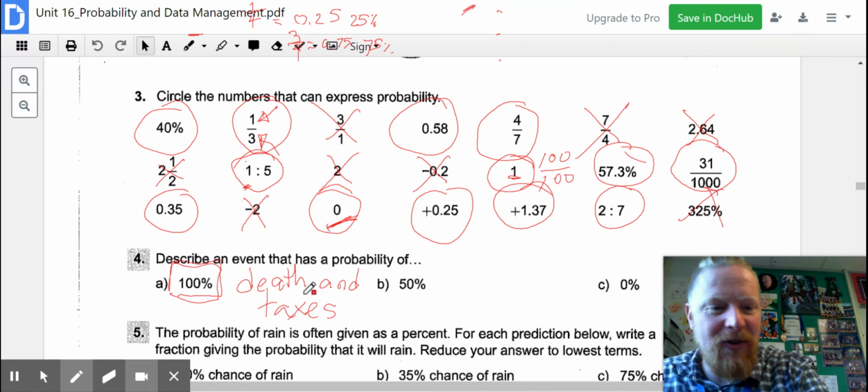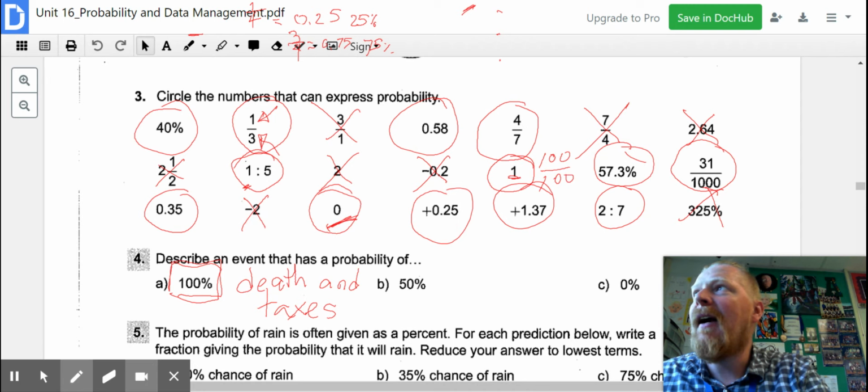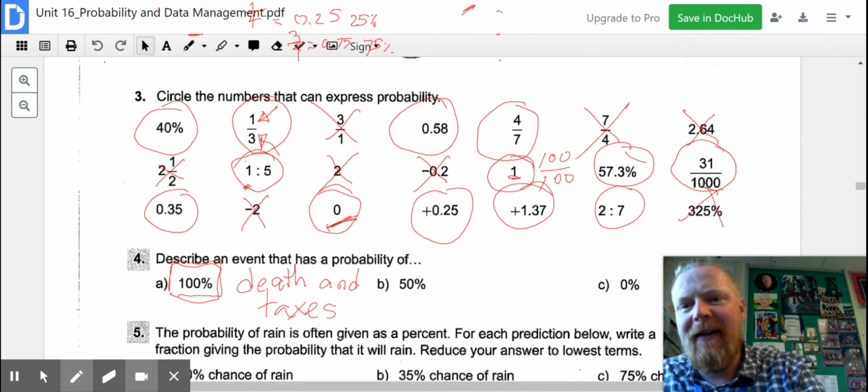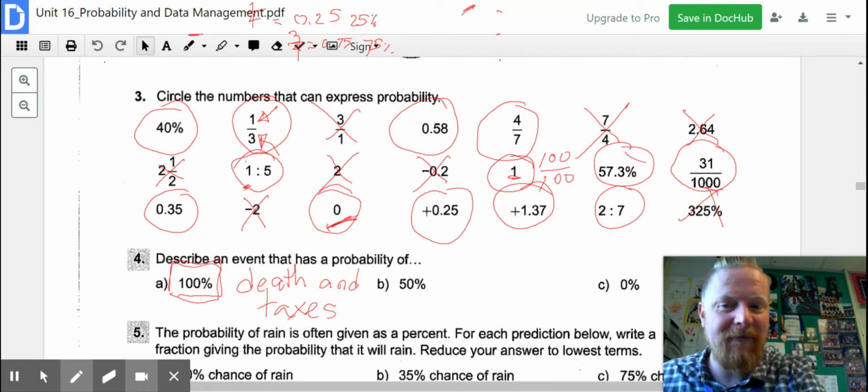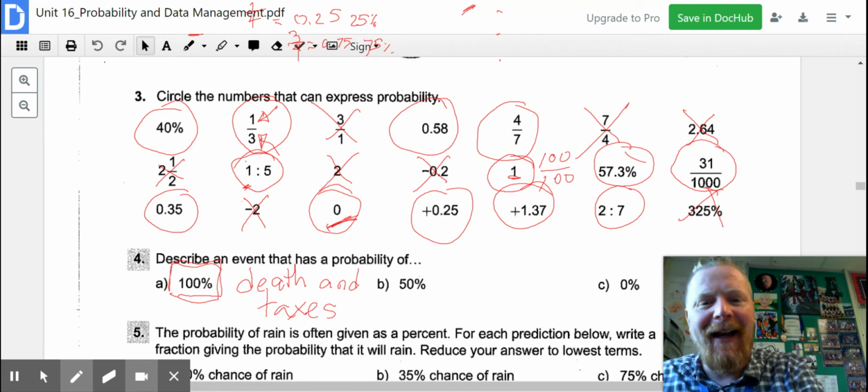I don't know if that's true or not, but it's a saying. There's other things that are absolutely certain as well. So in human history, it's certain that the sun will rise tomorrow. In human history, it is certain that grass will grow in the summer. Of course, unless there's drought, whatever.